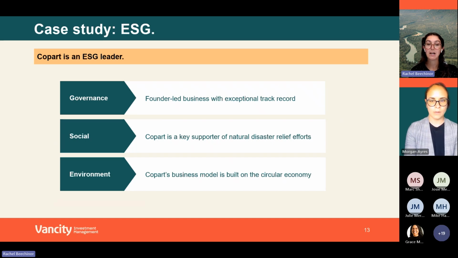And in general, Copart has made very continual ESG improvements, which is something else we look for, including the publication of their inaugural ESG report in October 2022. The company also offers employees competitive benefits, maintains robust safety guidelines, and promotes diversity across their workforce.